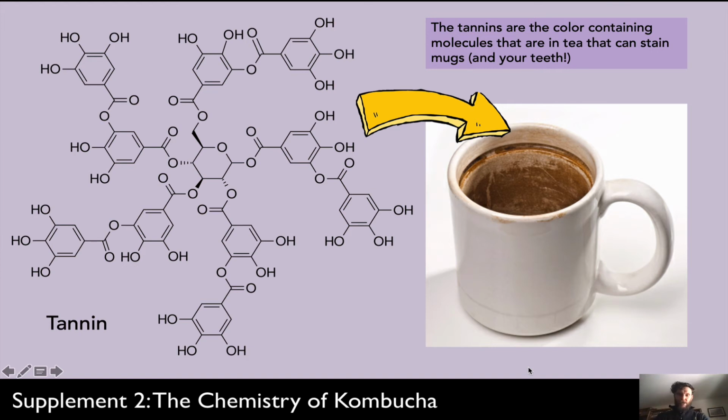I'm sure you do your dishes as soon as you are done with them. But if you were to leave your tea mug sitting around, you would notice that there was scuzz. This is like colored remnant from the tea on the side of the mug. It also can stain your teeth. These are the tannins. These are also the compounds that can give wine their color.